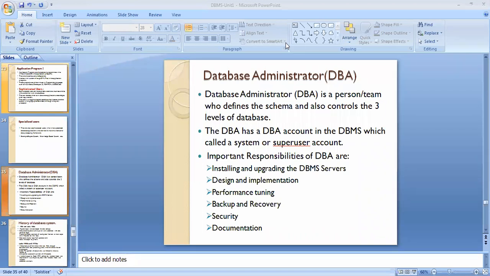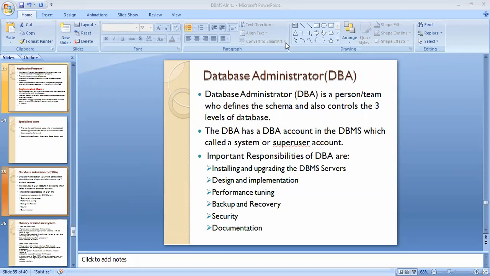Then designing and implementation. What is happening in the designing and implementation of a database? The DBA should be able to decide the proper memory management. It may be file organization, error handling, log maintenance.